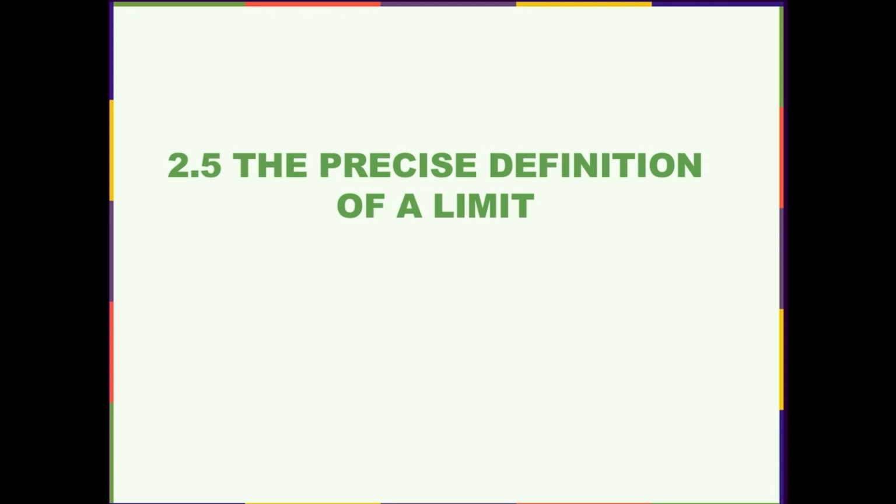It gives us the mathematical language we need to define continuity rigorously, justify the intermediate value theorem, and later prove some other important theorems that we're going to encounter in calculus. So that's what we're going to cover today. We're going to start looking at the precise definition of a limit.